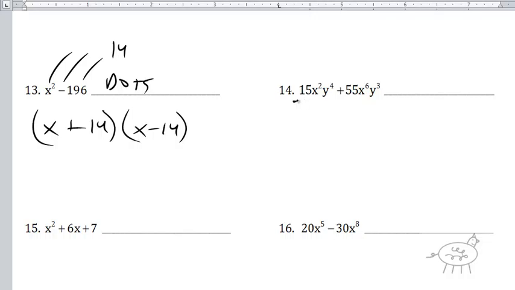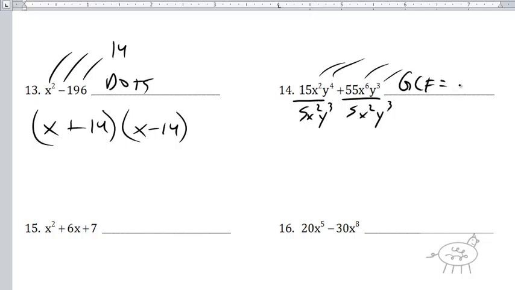Okay, so number 14, you've got to look for greatest common factor. Basically, I see a 5 goes into 15 and 55, and then I'm looking for my smallest exponent for x, which is x squared, and my smallest exponent for y, which is y cubed. So it's GCF with 5x squared y cubed.